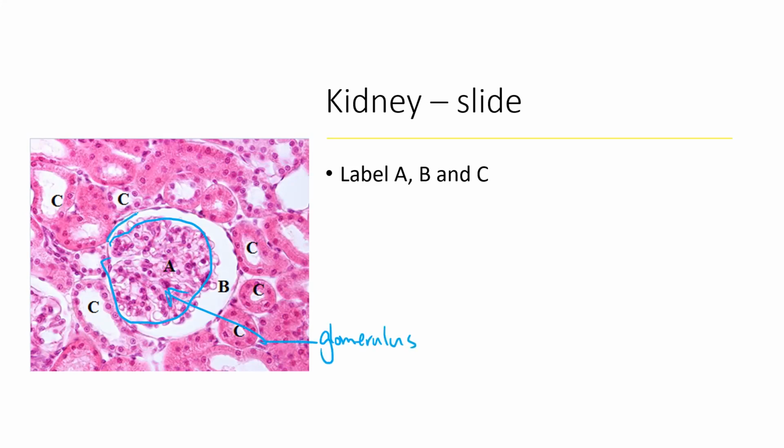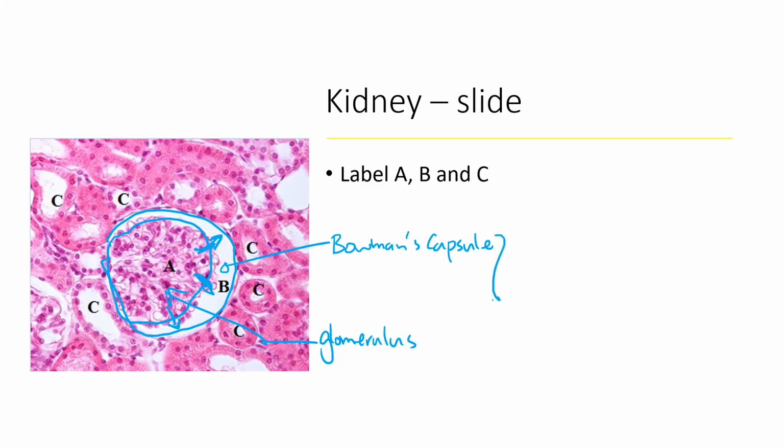Okay, so this here surrounding the glomerulus, that is the Bowman's capsule. Okay, so all the stuff that gets filtered out from the glomerulus will be captured by the Bowman's capsule.